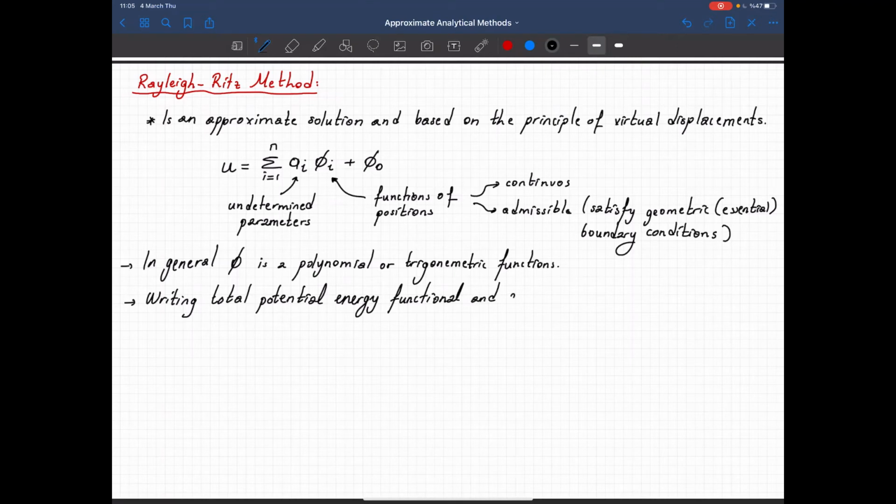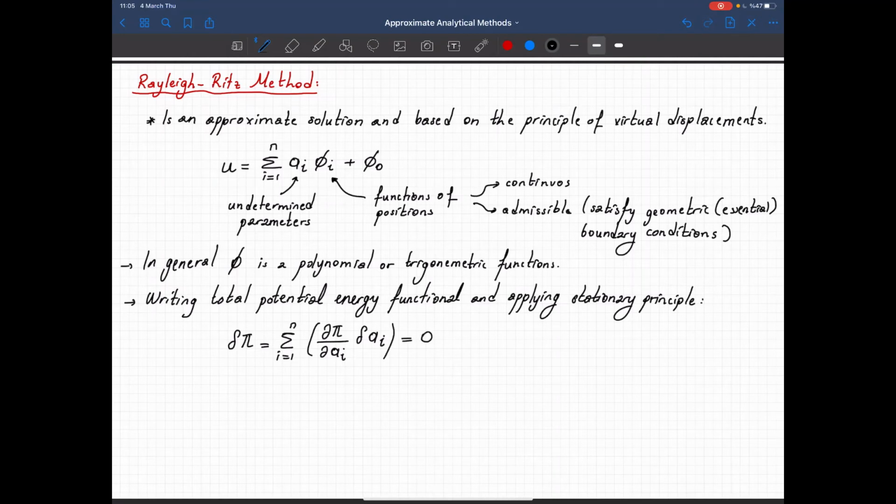And applying stationary principle, we have the following: the sum for i equal to 1 to n of the partial derivative of P over the partial derivative of Ai, times the variation in Ai, must be equal to 0.